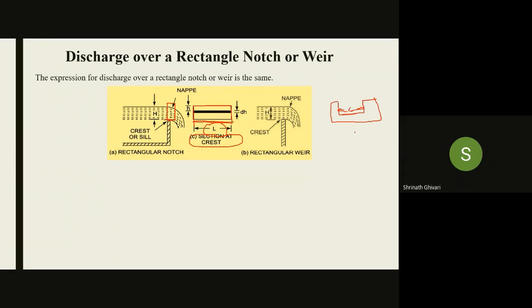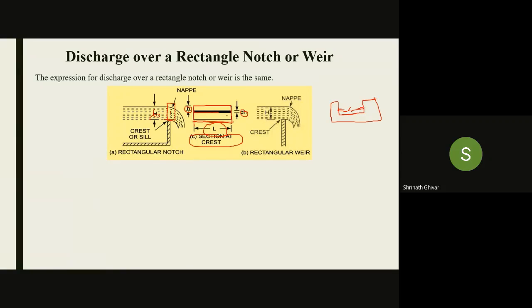This is length L. If we consider a fluid element in this water, in this H, a fluid element from the nappe at distance h, and the fluid element has a thickness of dh, we can find the expression.